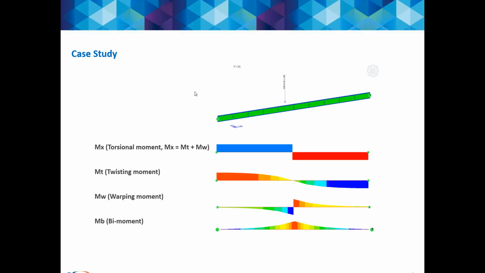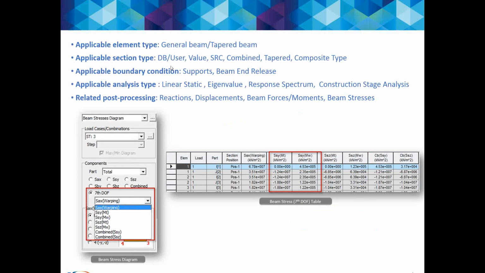Let's go back to the presentation. So the applicable type of element is only beam element. General beam or tapered beam is applicable. And the applicable type of section is all the types of section we support. We support the database value, SRC, combined, tapered and composite type sections.